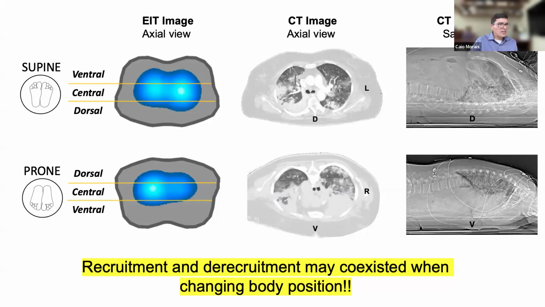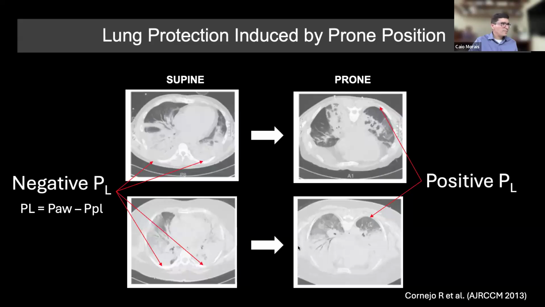Because we know for some patients, the prone position works as a combination of recruiting new areas and recruiting the ventral part, and probably the positive effect of increasing the functional size of the lung, increasing the compliance and reducing driving pressure, is when we have more recruitment than derecruitment from supine to prone.